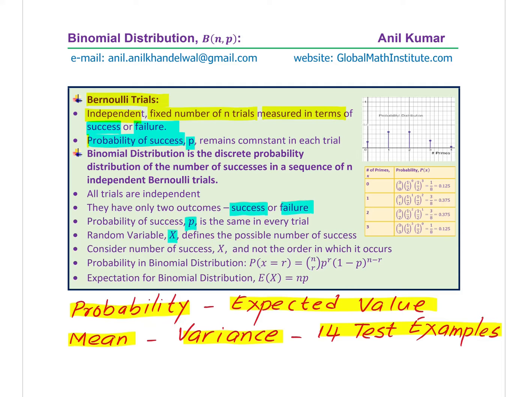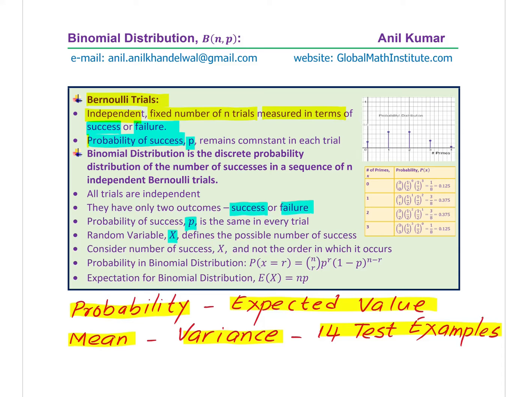Random variable X defines the possible number of successes. So when you throw a die, the possible outcomes are 1, 2, 3, 4, 5, or 6, so the random variable value X could be one of these six values.